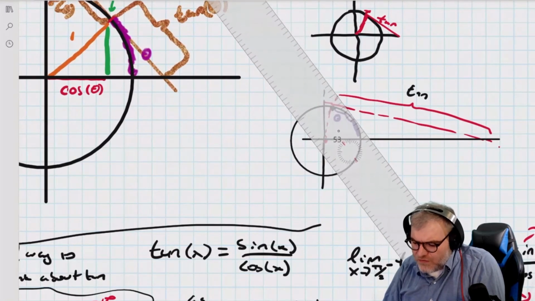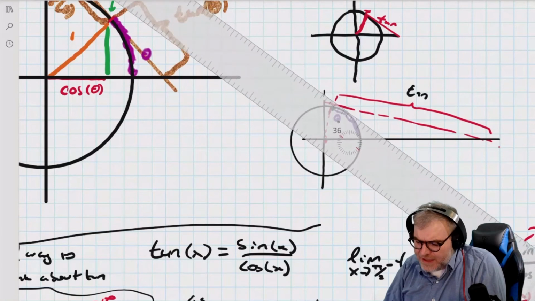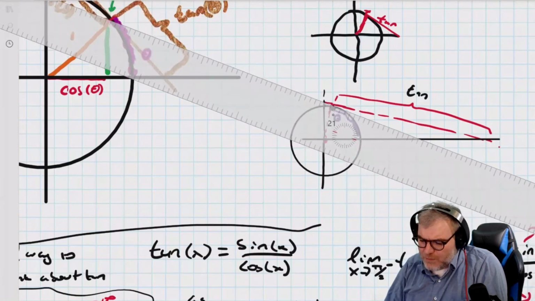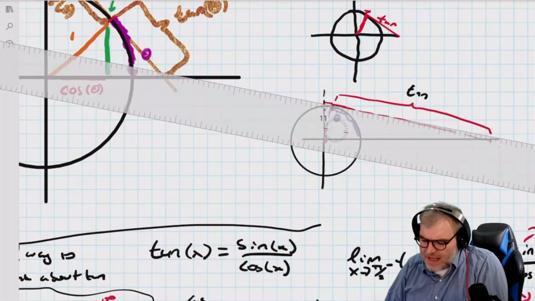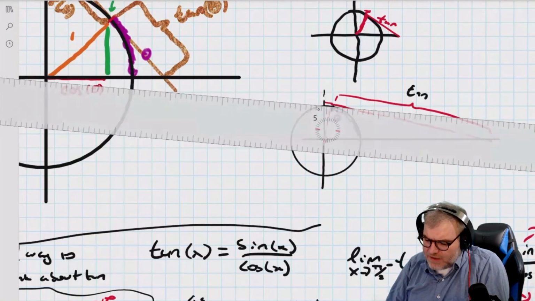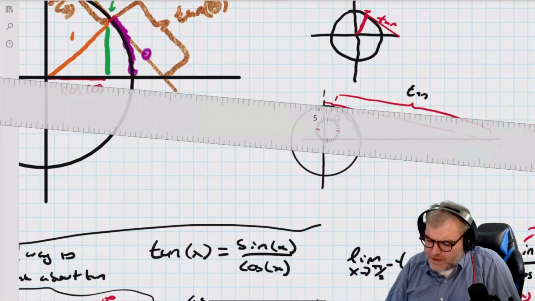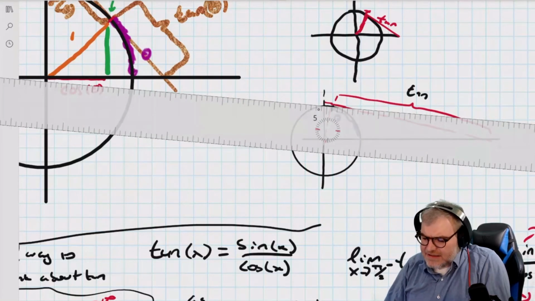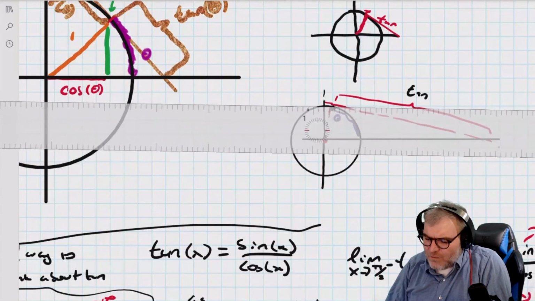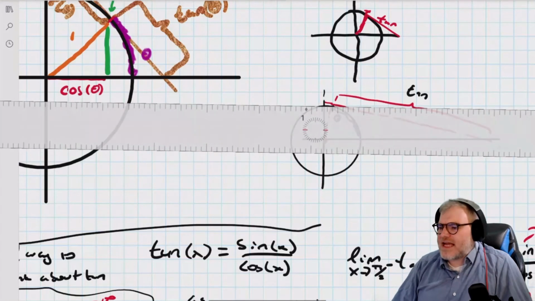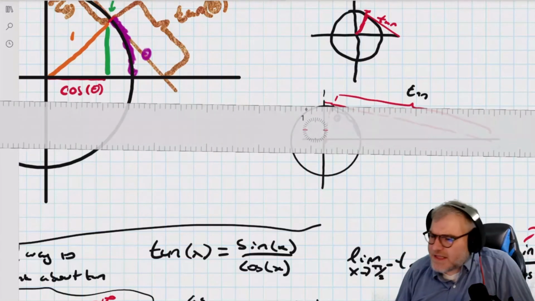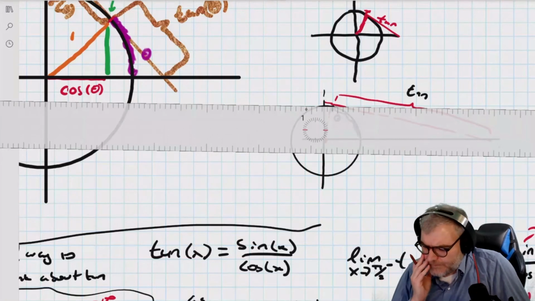But as I move here, notice that these lines get more and more parallel. You see how long this line is now, from theta down to the x-axis? As I keep going, I'm going to wind up with a line that's parallel to the x-axis. So that's why the tangent becomes infinity.